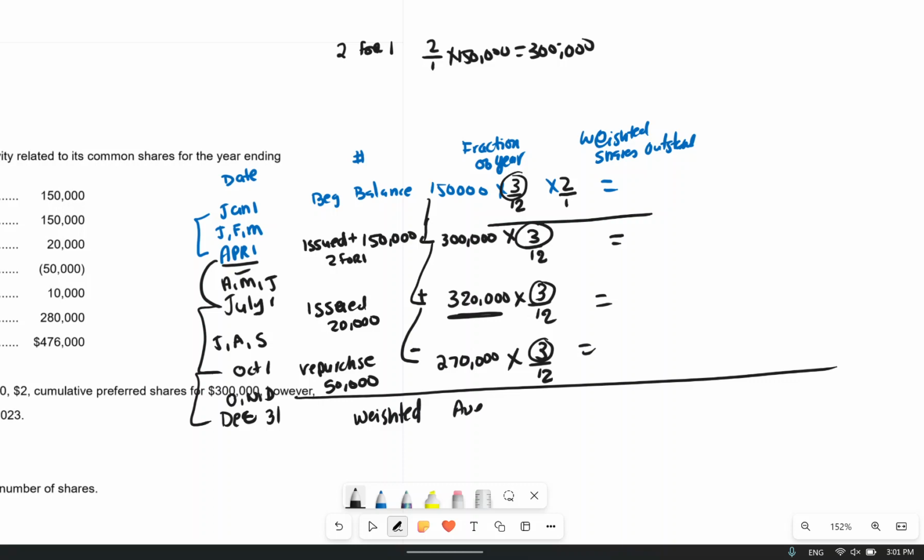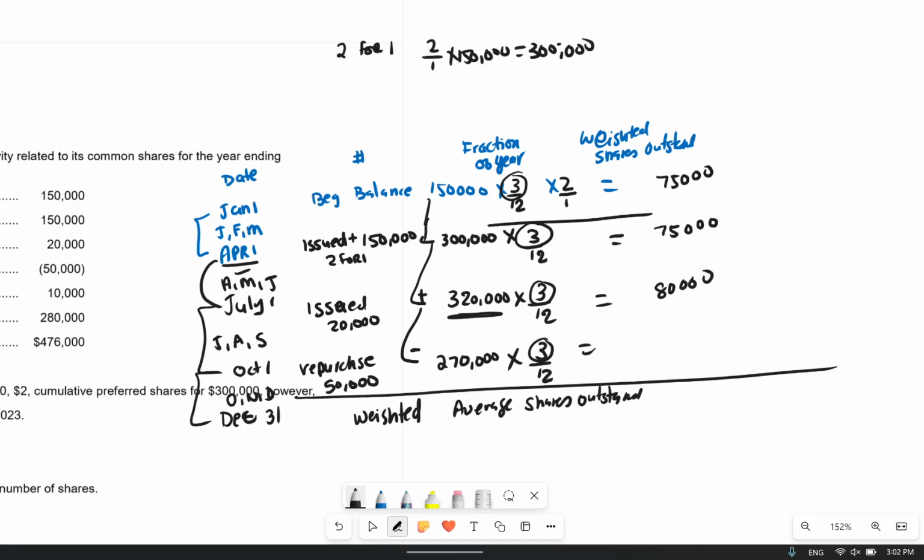So this is my weighted average shares outstanding. I needed to work out the numbers. We have 150,000 multiplied by 3 divided by 12 times the 2, which gives 75,000. My next one is 300,000 times 3 divided by 12, which will also give me 75,000. 320,000 times 3 divided by 12 will give me 80,000.